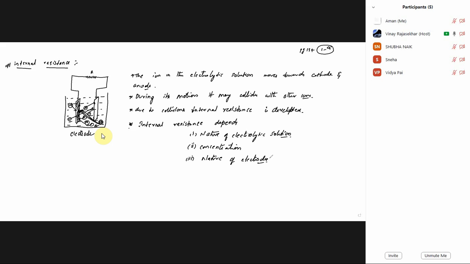It depends on one more factor, the area of the electrode plates. So these are the things on which internal resistance depends. Please note it down.